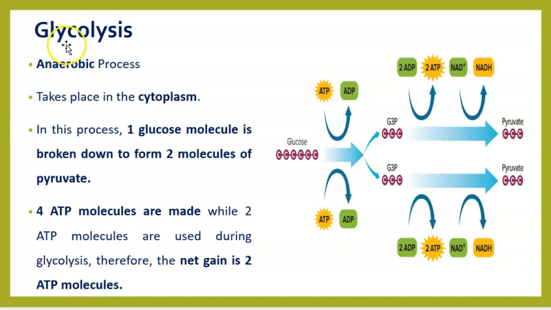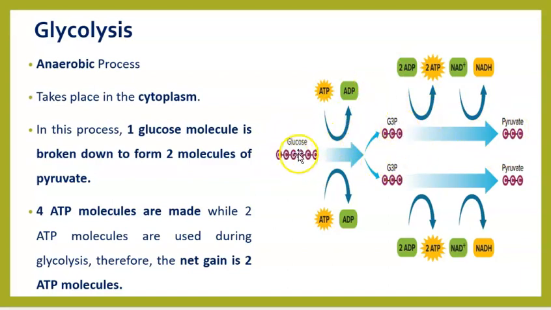Glycolysis is an anaerobic process, which means it doesn't need oxygen. It takes place in the cytoplasm. What do we do in glycolysis? We break down glucose, a 6-carbon molecule. Glycolysis is a long cycle with intermediate products, and we are not going into the details of it.